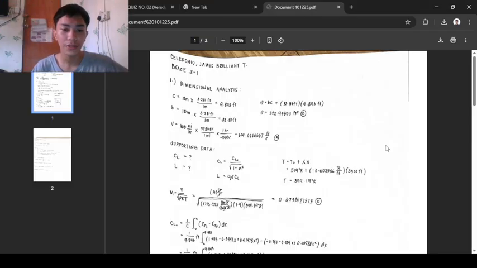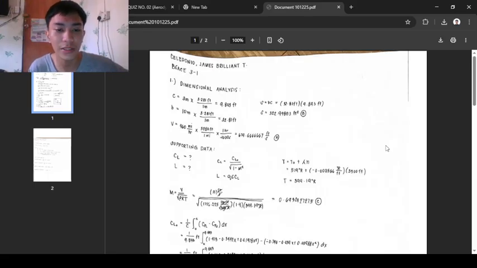So 3 meters times the conversion factor of 3.281 feet equals 1 meter, that would be 9.843 feet for our chord measurement. For our span, we have 10 meters times the same conversion factor, 3.281 feet over 1 meter, equals 32.81 feet.